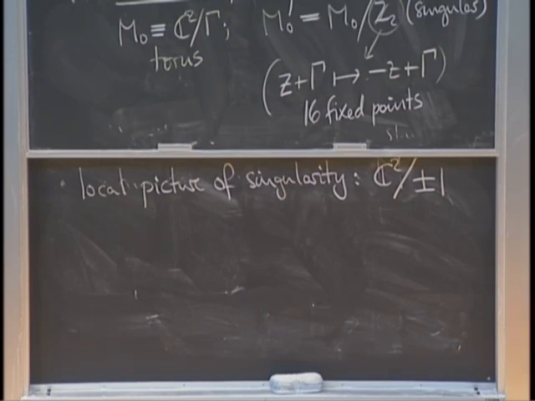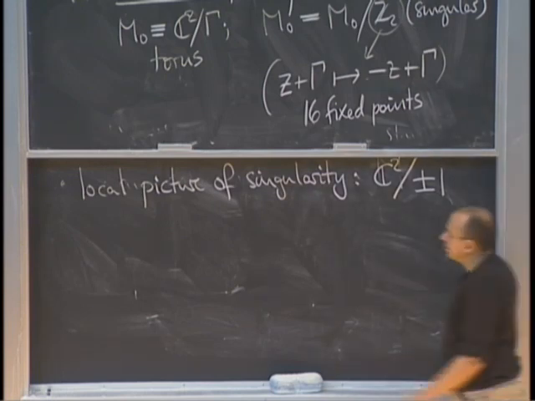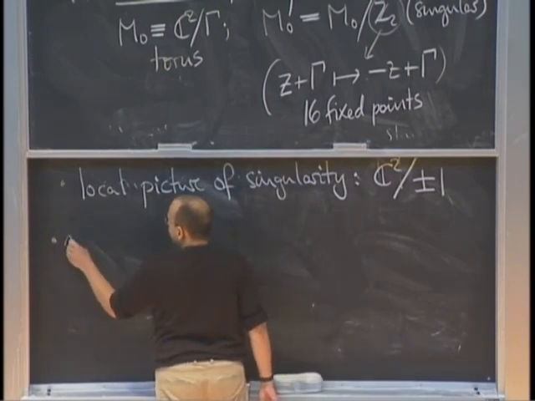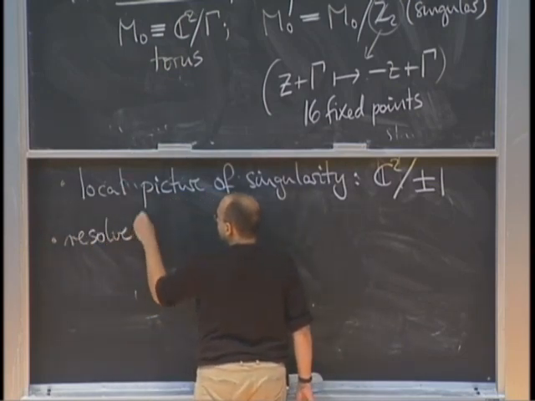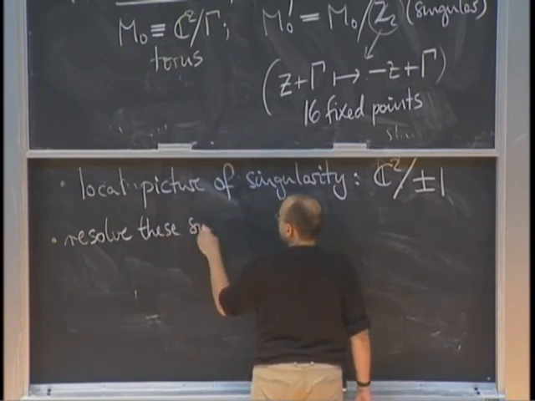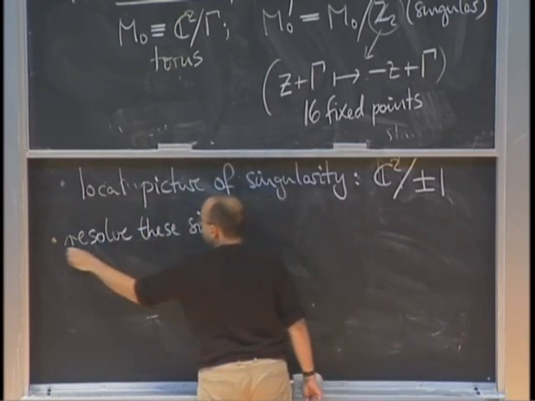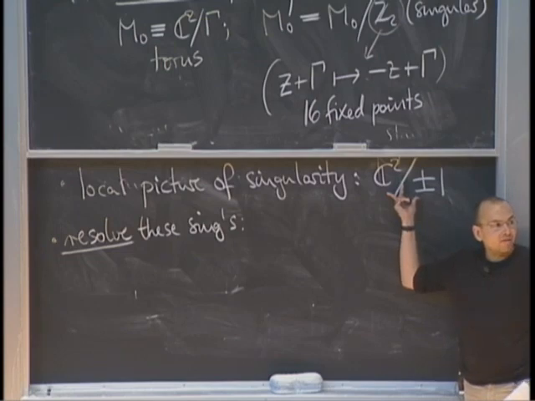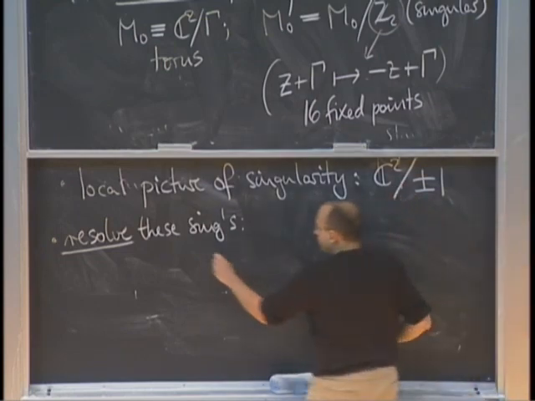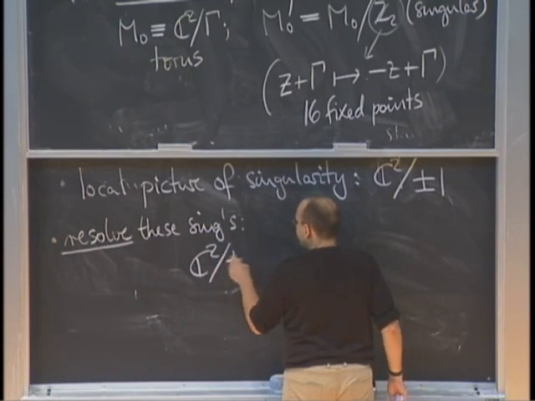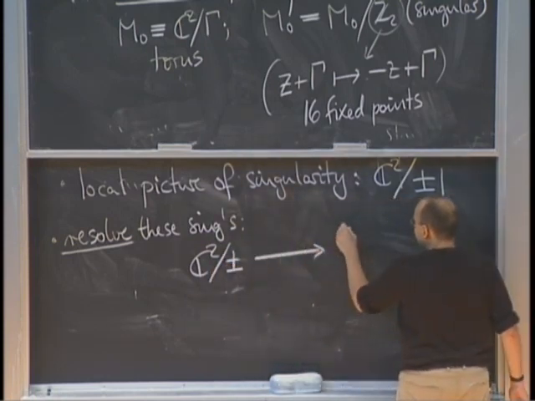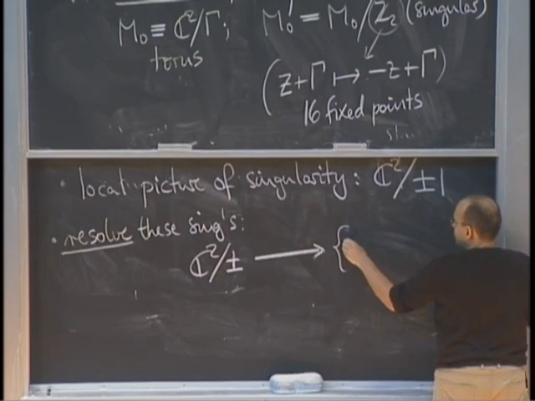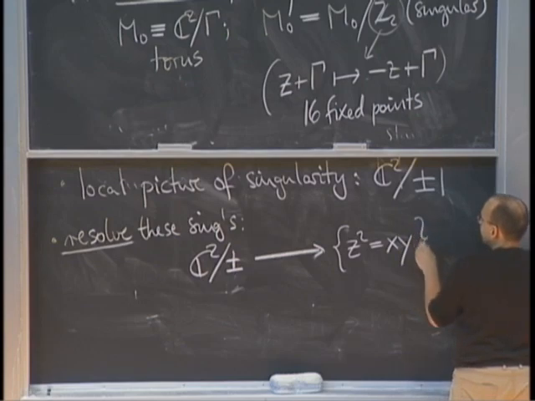And then you want to resolve these singularities by some kind of blowing up. The way to do that is to realize that there's a more algebraic way of realizing this quotient. You have a one-to-one map from this quotient into C3, and the image is going to be a singular algebraic surface in C3, the surface z squared equals xy.